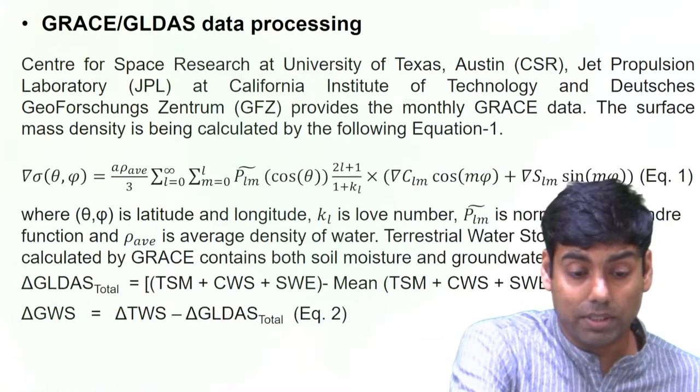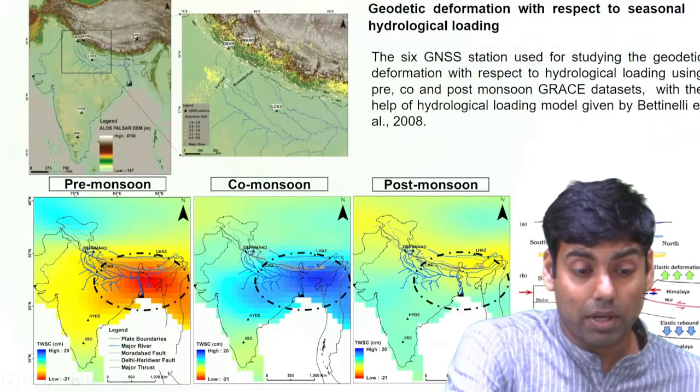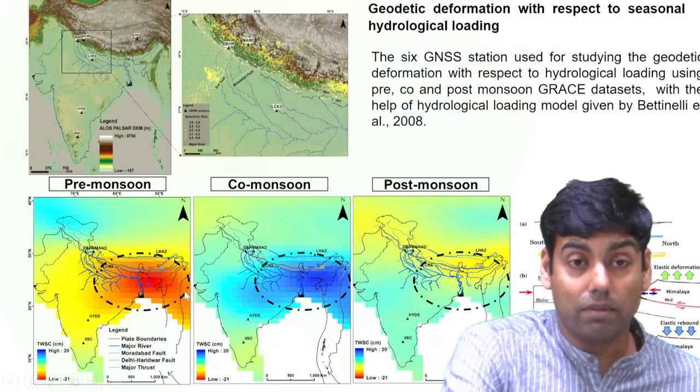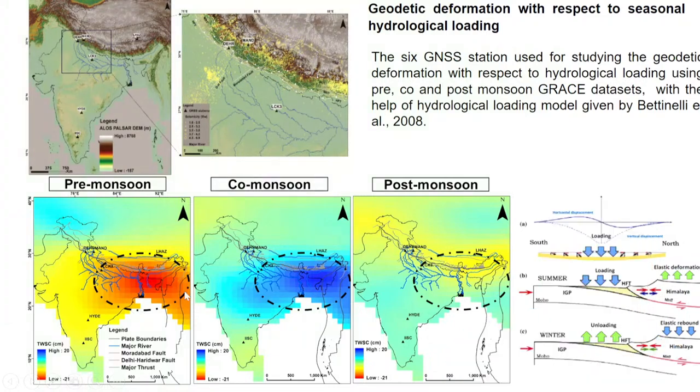I will not go into detail; I will directly come to the case study. In this study we looked at how surface hydrological contribution modulates and perturbs the plate motion in the Himalayan system.